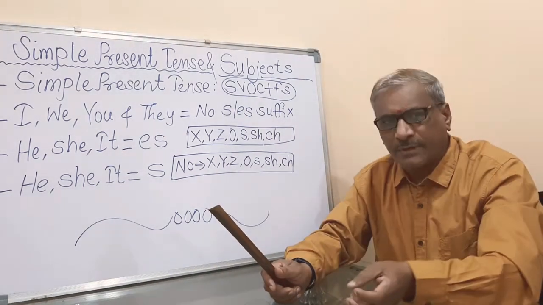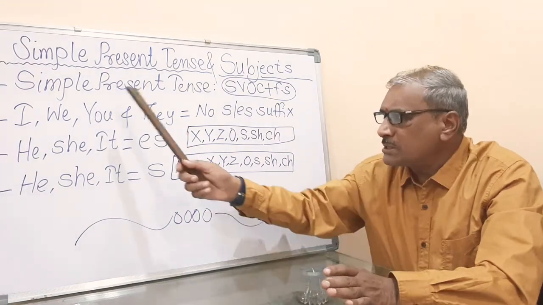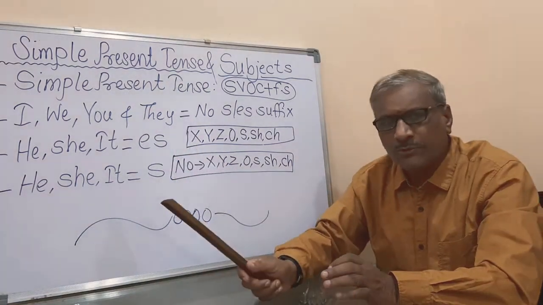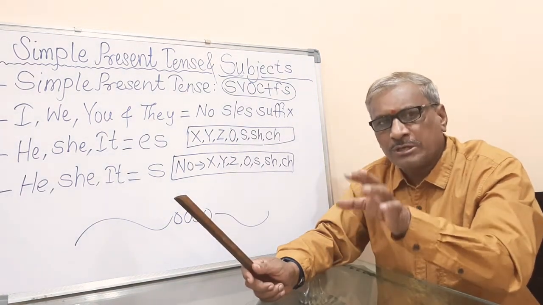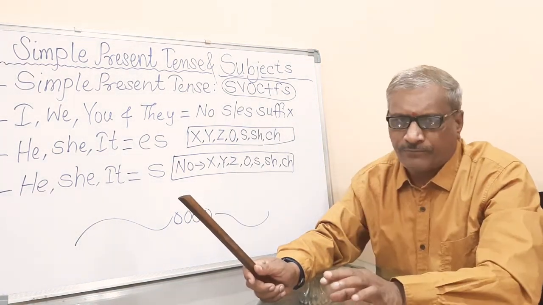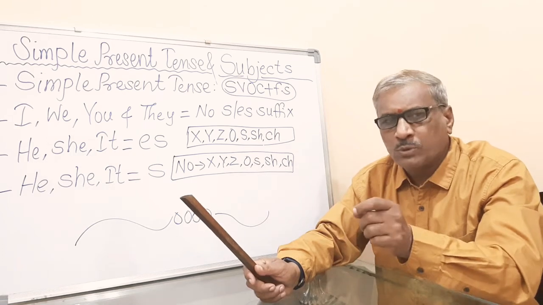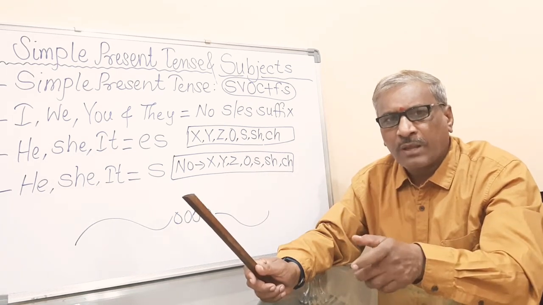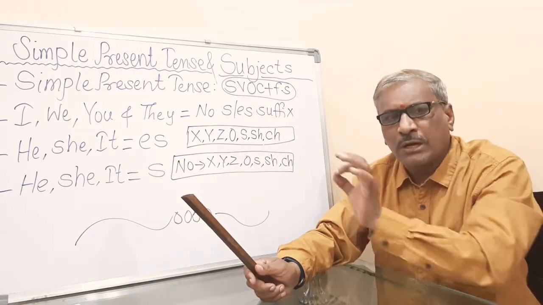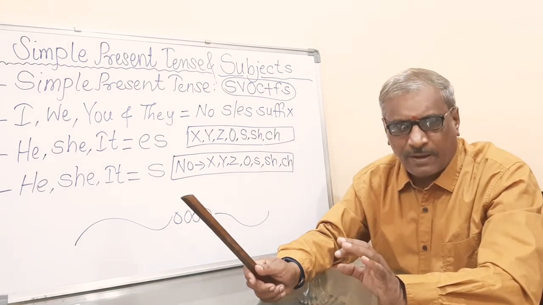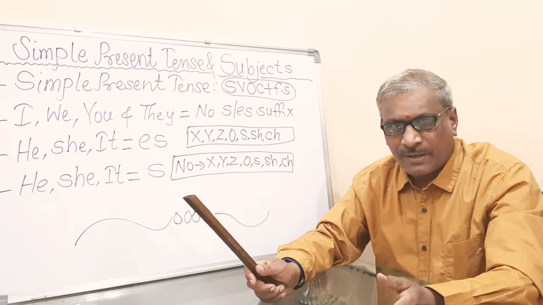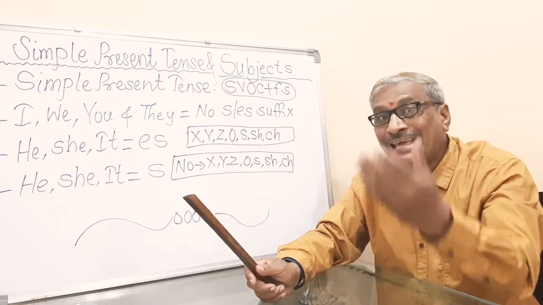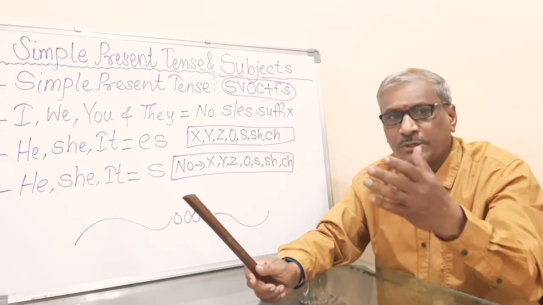And the universal truth. Now this simple present tense is used to show the universal truth, means the three-time truth. How? Suppose we can say the earth moves around the sun, the moon moves around the earth, man speaks lies. These are the universal truths.